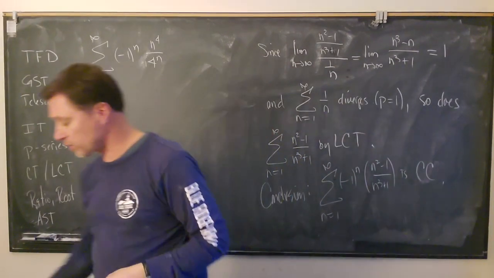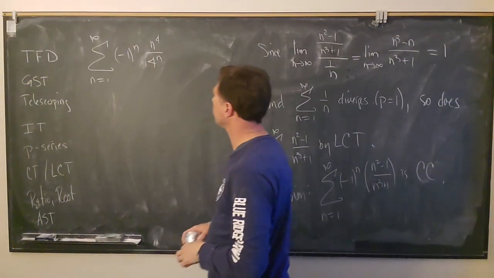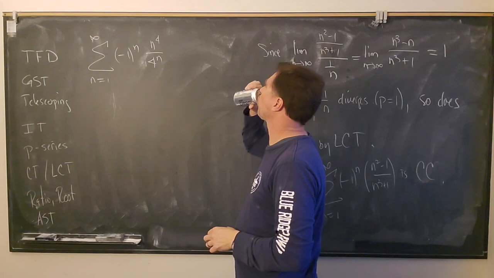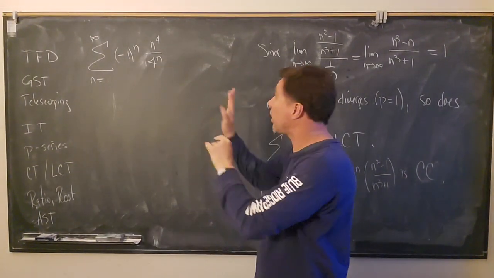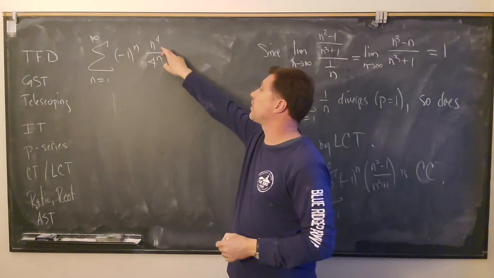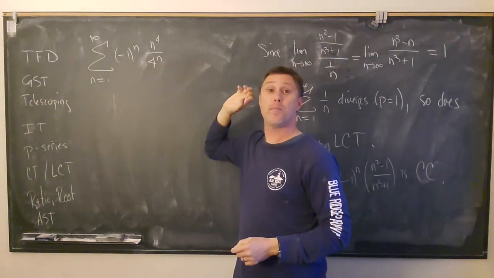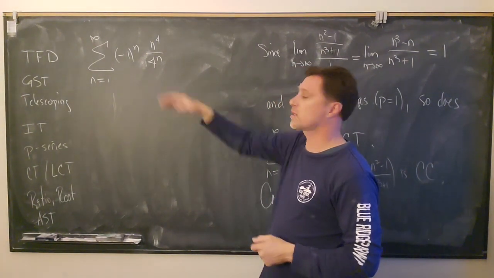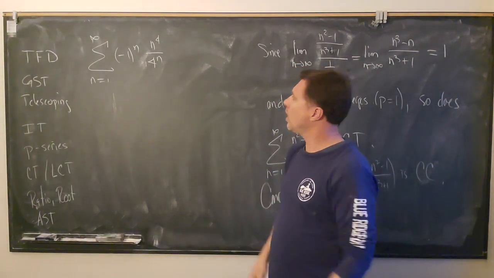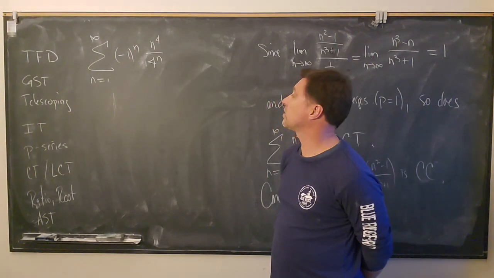This one's definitely alternating. And if you notice, we got polynomial on the top, exponential in the bottom. Exponential always beats polynomial. So by the alternating series test, this one is going to converge. So the alternating series test would allow us to show it converges.